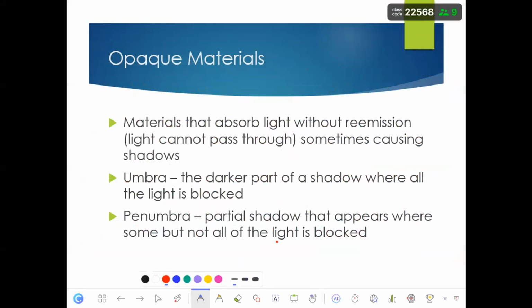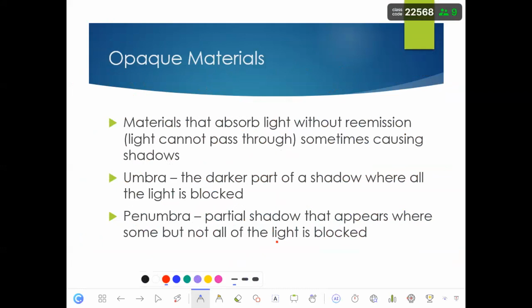The light doesn't pass, the light is absorbed, and the reason that we see the ground is because of the light. When there is no light, there will be a shadow, yes? So the reason that we have a shadow is because of opaque material, the material that absorbs the light without re-emission.